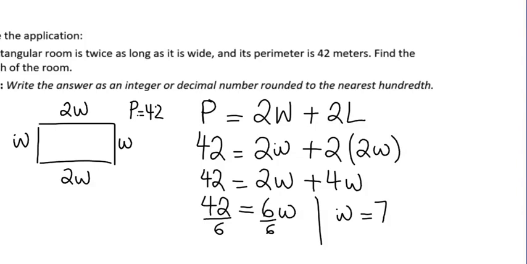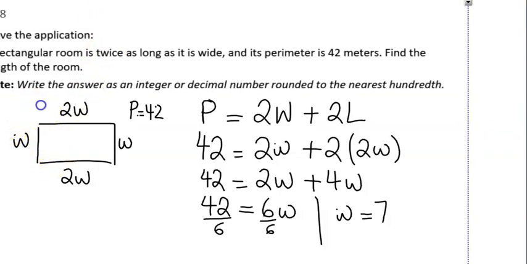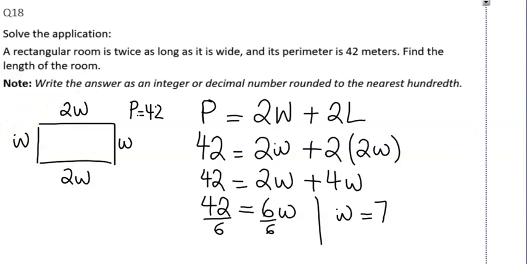So now you have to come here. They want the what? The length. Pay attention to what they ask. People go and jump and put 7 as the answer when they are asking the length of the room.